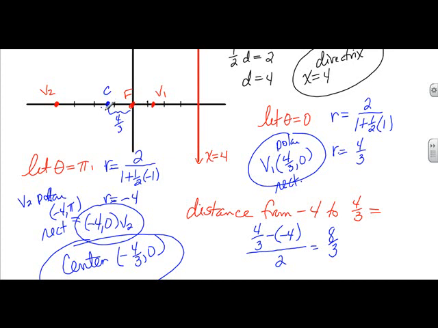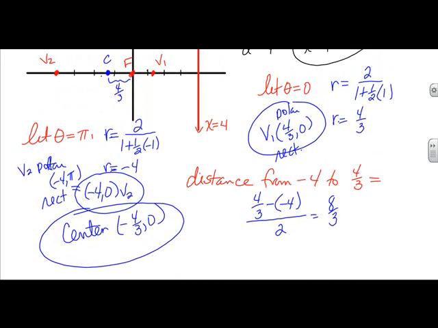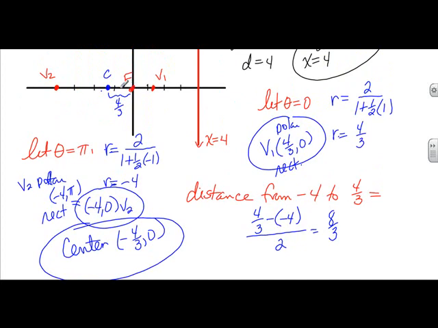So think -4/3 minus another 4/3 is going to be -8/3. So -8/3 would be about right there. So our second focus is going to be right there. Point F2 is (-8/3, 0).